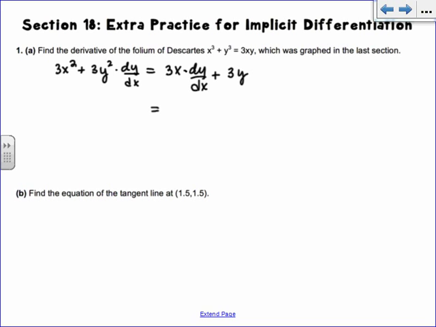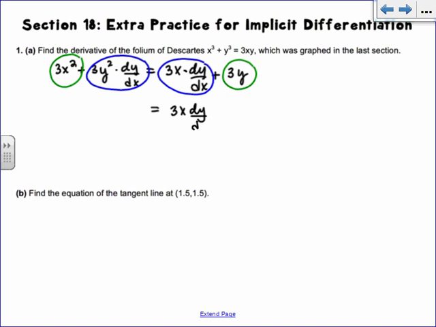All right, so now you want to get all of the dy over dx terms together. I want to get this and this on the same side of the equation, and then this one and this one can be on the other side. It doesn't matter what side you get them on. So let's say I have 3x dy over dx minus 3y squared dy over dx, and then I have 3x squared minus 3y.